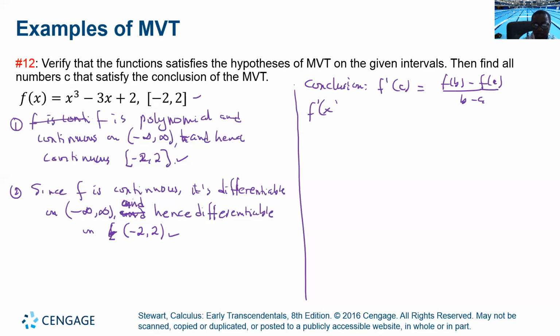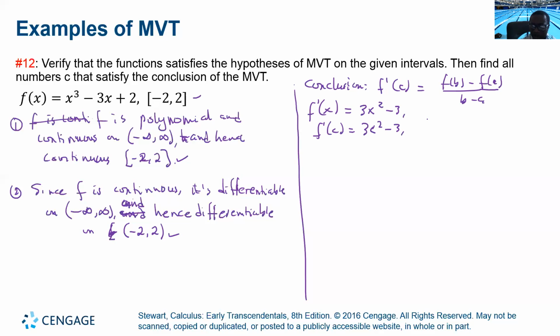What is f prime of x? F prime of x is 3x squared minus 3. And so f prime at C, we substitute C for x, that will be 3c squared minus 3.